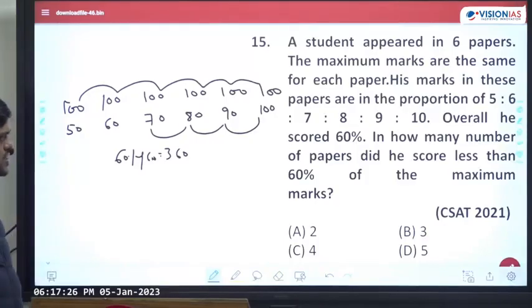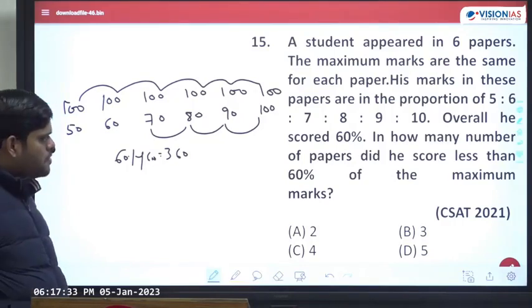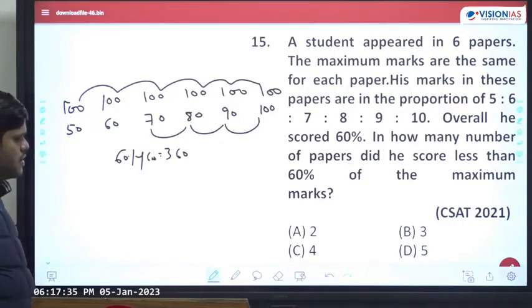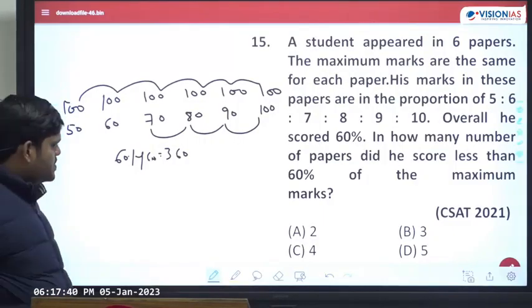Overall he scored 60%. In how many papers did he score less than 60%?